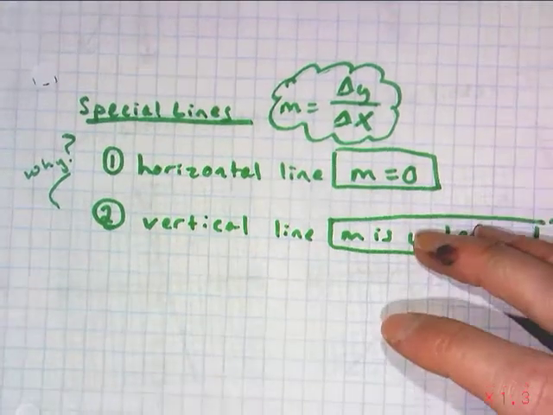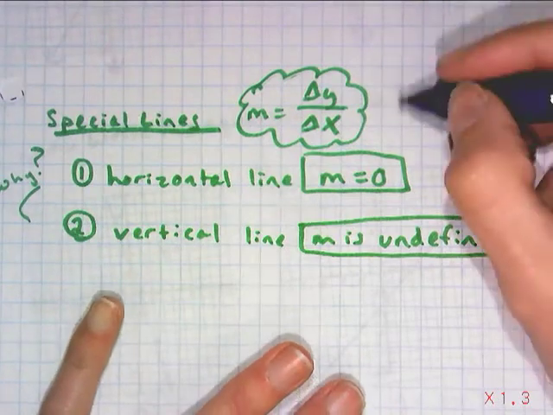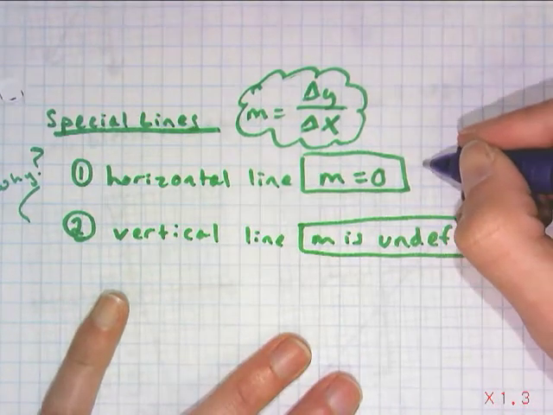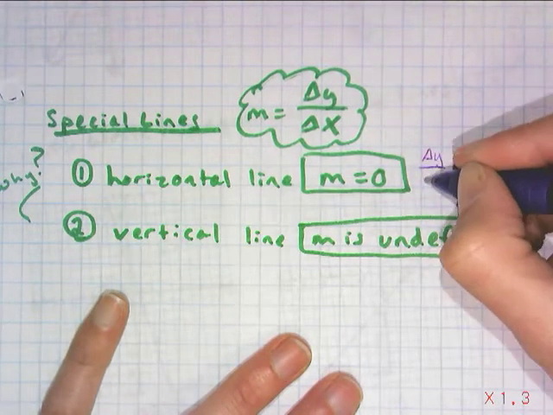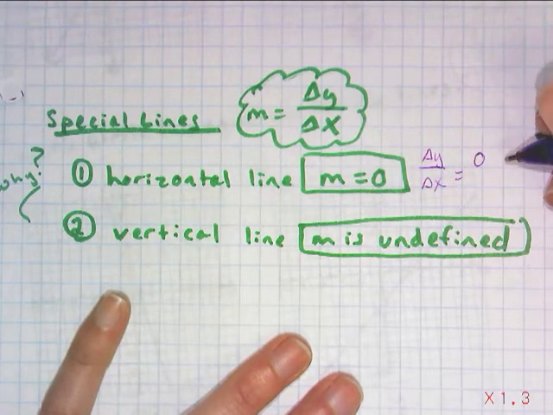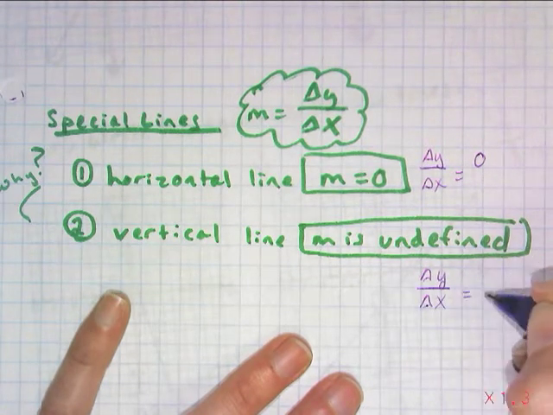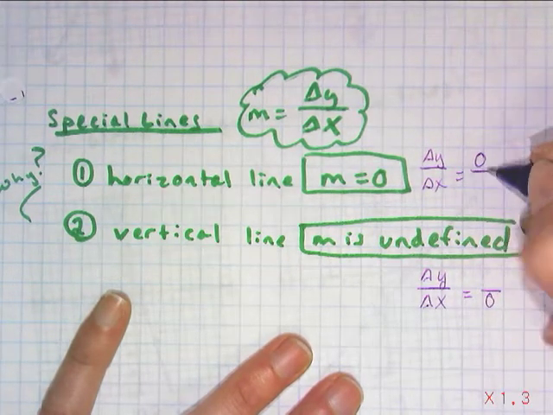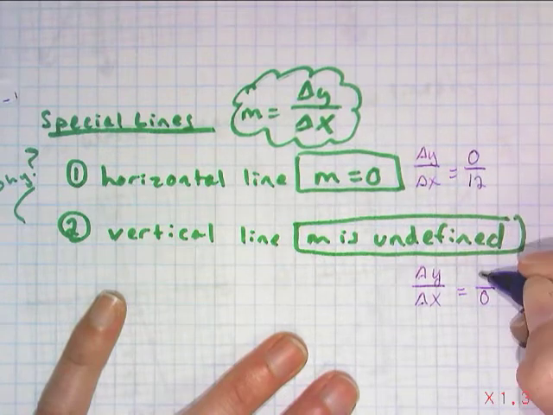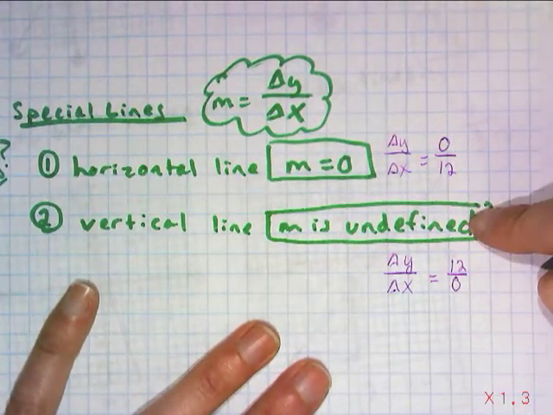The reason being is because if you think of the components of slope, if I have a change in y that is 0, 0 is your top, it's your dividend. If you have a change in x, if this is a reverse situation, and you have 0 on the bottom, let's make up a number for the other. Say it's 12. 0 divided by 12 is 0.